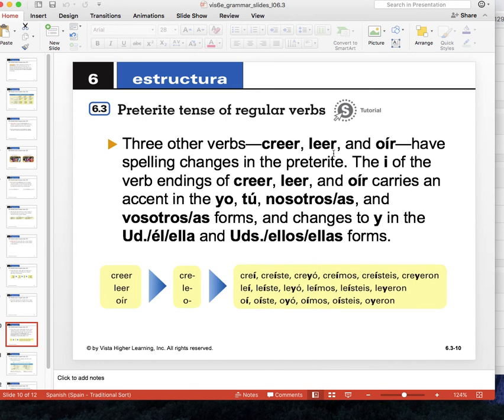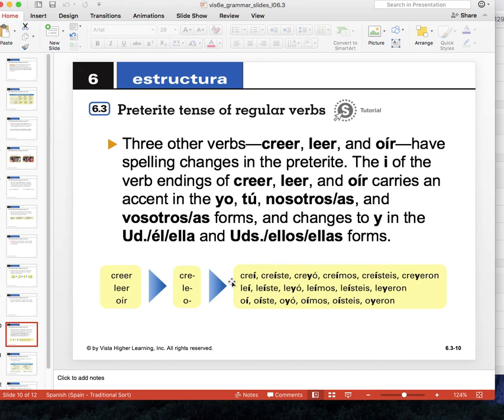There are three other types of verbs, we'll see here. Creer, leer, and oír also have spelling changes in the preterit. So the I of the verb endings of creer, leer, and oír carries an accent in the yo, tú, nosotros, and vosotros forms, and changes to Y in the third person singular, which is usted, él, and ella, and third person plural, ustedes, ellos, ellas.